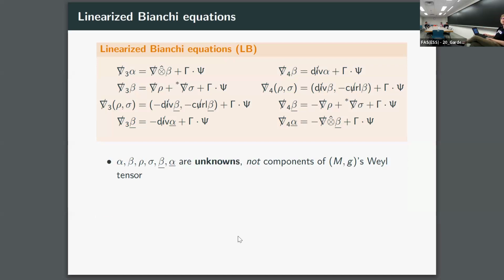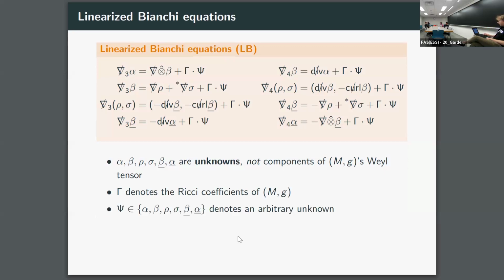Right, like I was saying, these alpha and betas and so on are unknowns. These are not components of the spacetime's curvature tensor. And I'm assuming vacuum now, so I could replace the word Weyl with Riemann. Gamma denotes the Ricci coefficients of the spacetime, which, as Puskar pointed out, are known quantities. And this psi, as before, denotes an arbitrary unknown.